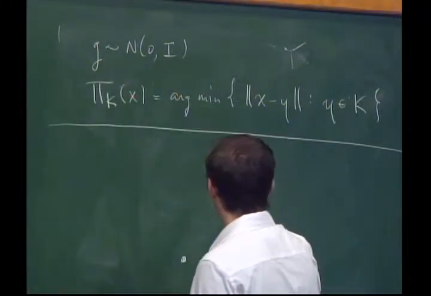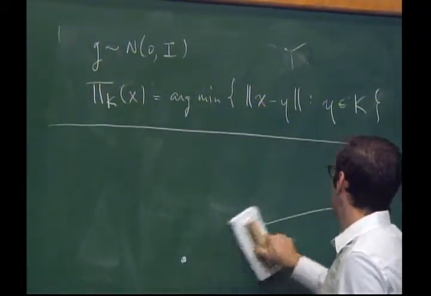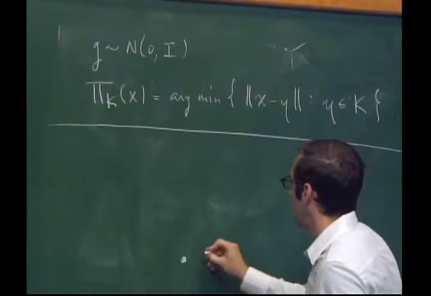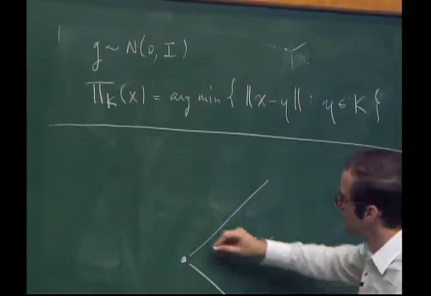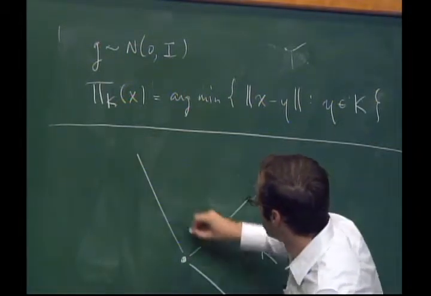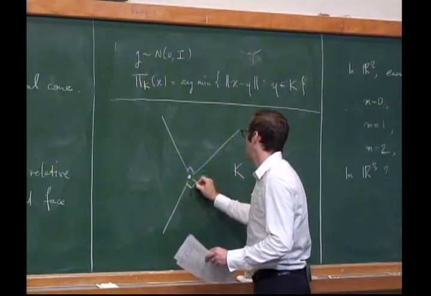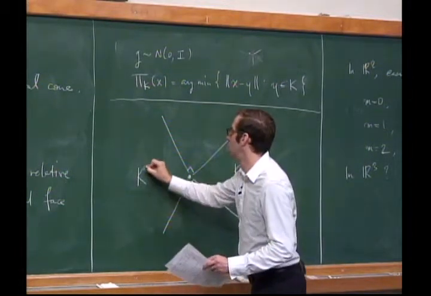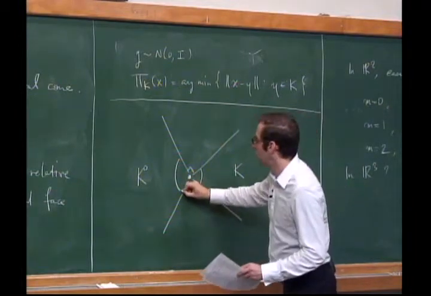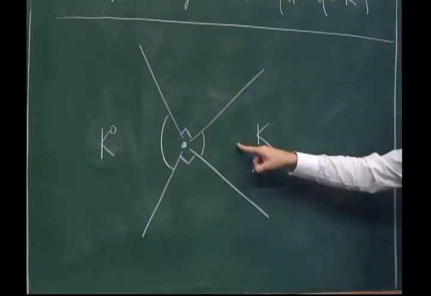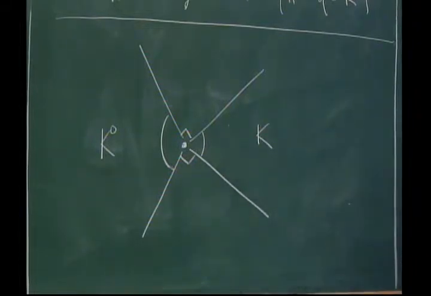So here's a cone K, and the polar cone, which is the set of vectors that are normal to every point in the cone, is over here.